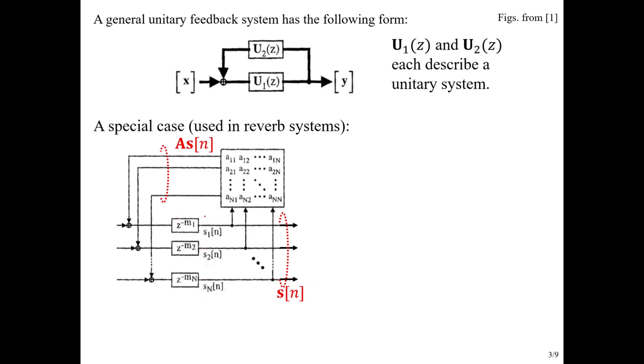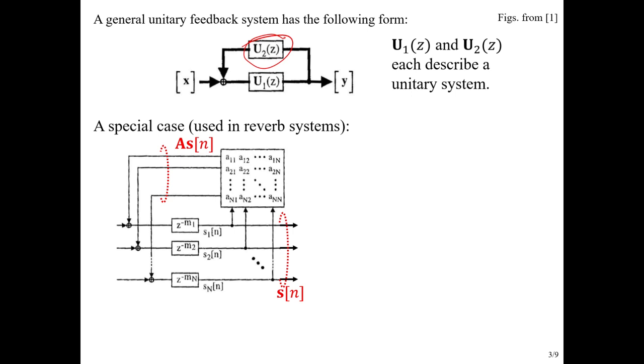So this has dynamics. That's the U1 of Z. This has no Z's in it, so there are no dynamics, but it is still a feedback system, just consisting of coefficients. So this would comprise the U2 of Z transfer function.